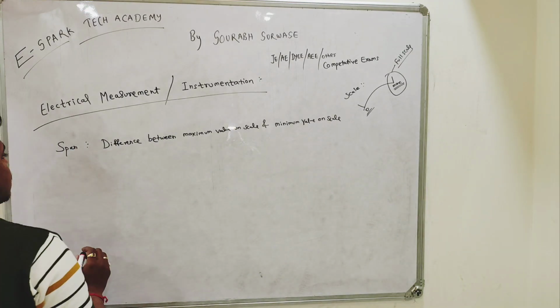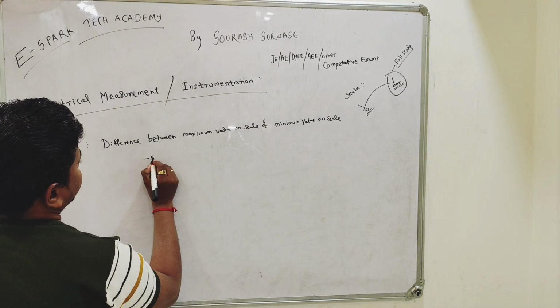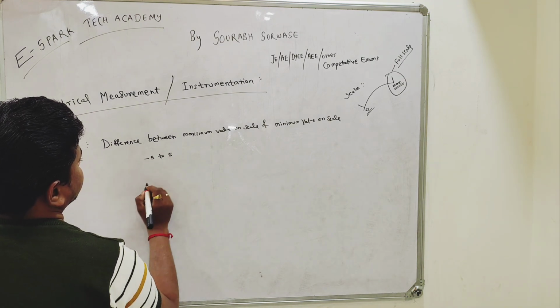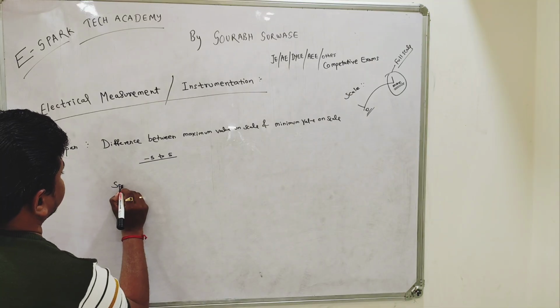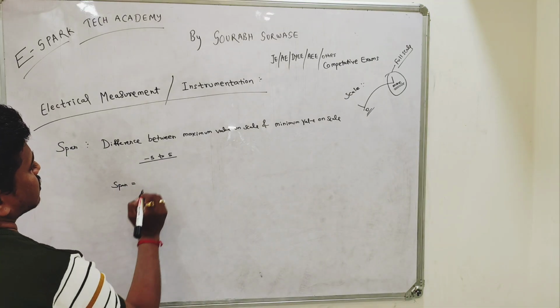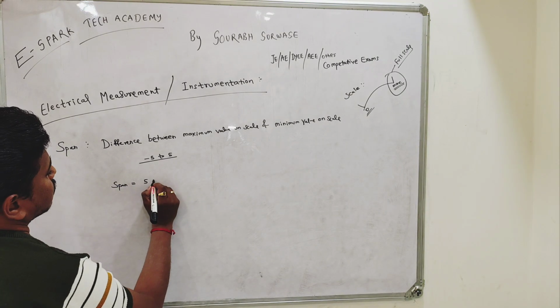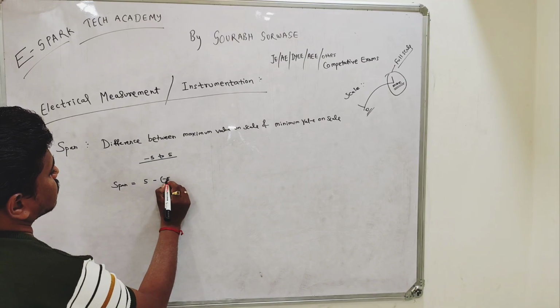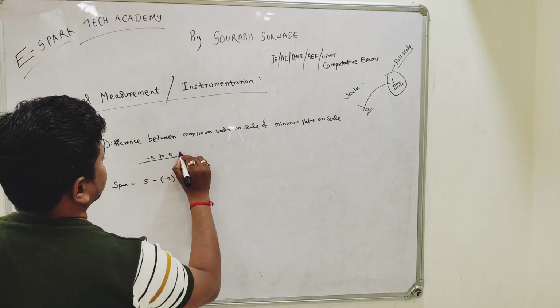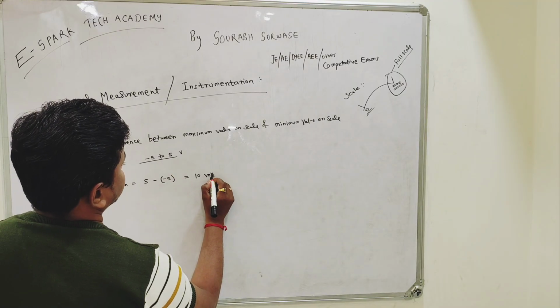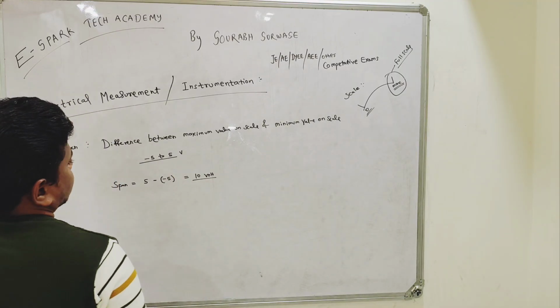If suppose minus 5 to 5 is given, in this case the span will be maximum value 5 minus of this minus 5. The span will be 10. Let it be in volts, so the answer will be in volts.